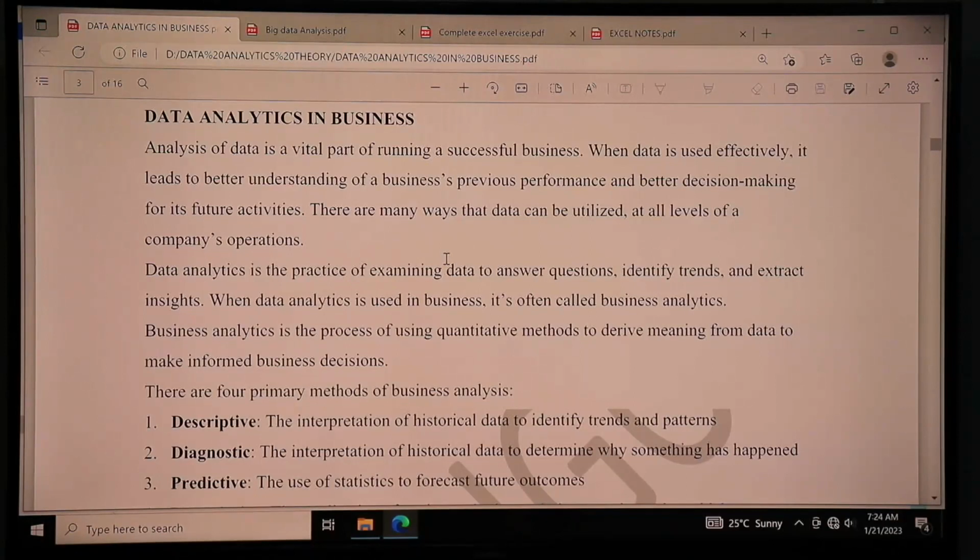We said that business analytics is a very important concept, especially in business intelligence, because it is one big factor that allows companies to know when, where and how to make decisions. We discussed the primary methods of business analysis.